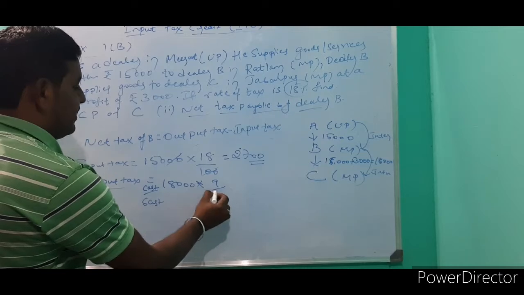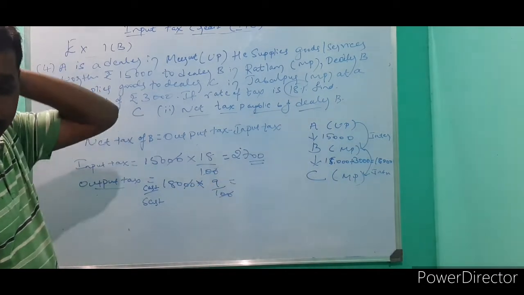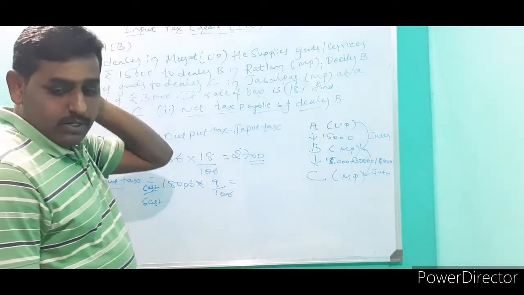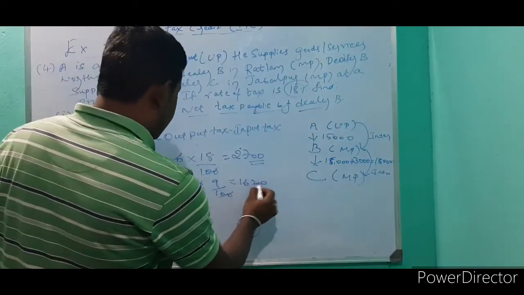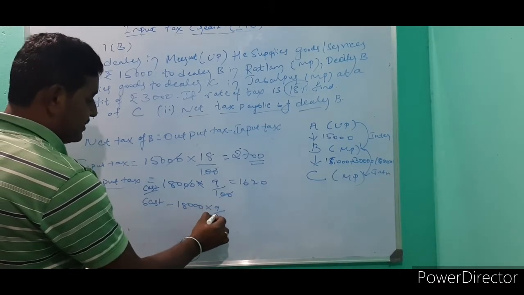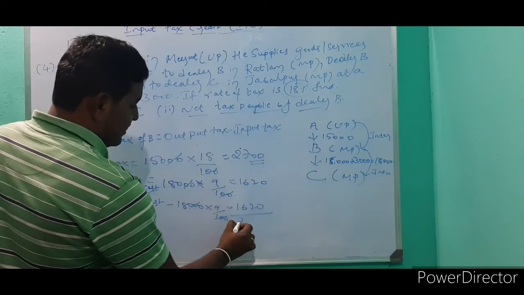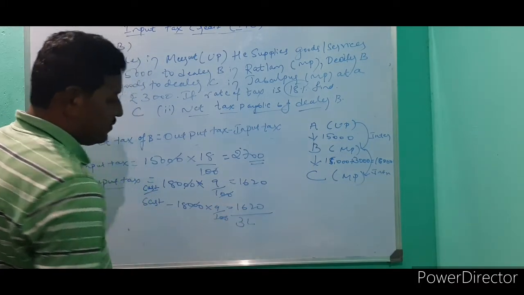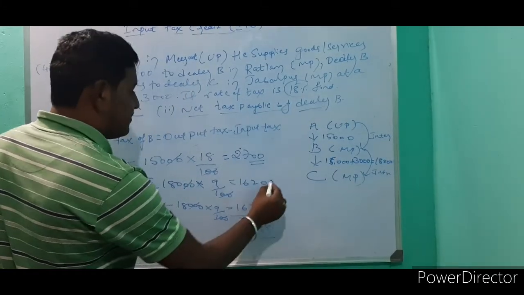18,000 into 9 divided by 100. 20. 180 into 9, if you multiply 180 into 9, you will get 1,620. So again 18,000, 9%, 100. If you calculate, it is 1,620. So 3,240 total output tax.